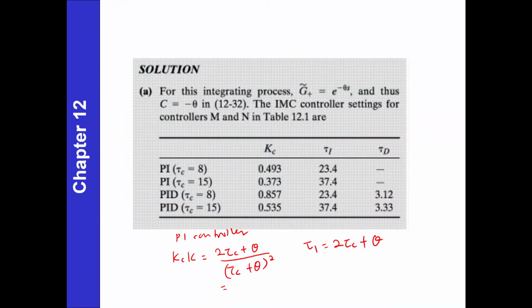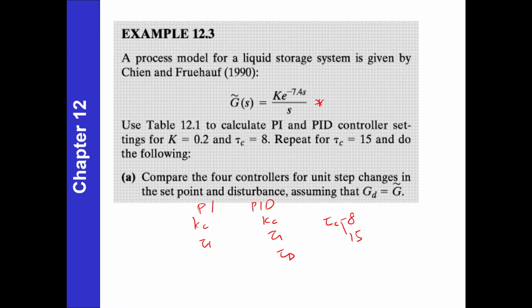We calculate for tau C equal to 8 first. 2 times 8 plus theta. For the value of theta, just take 7.4, no need to take the negative.